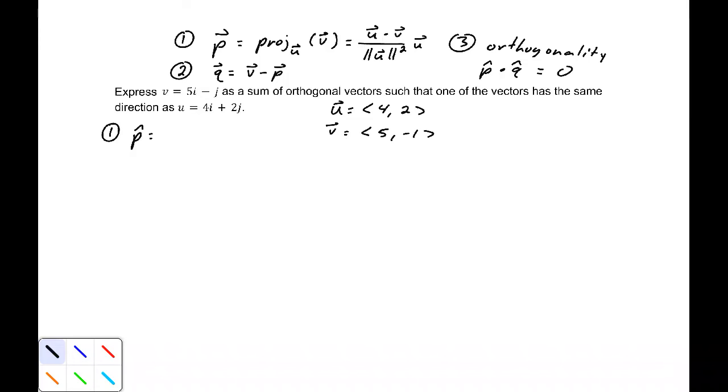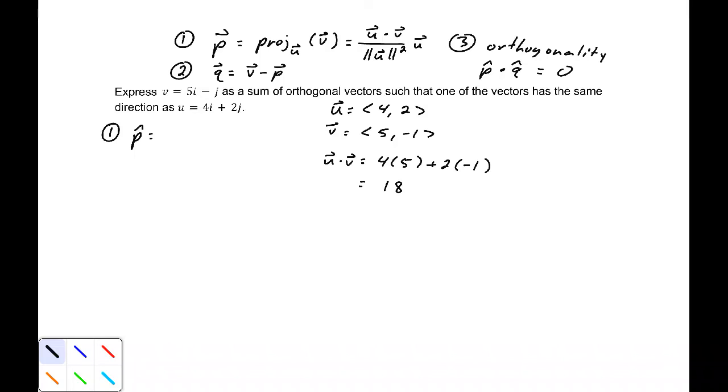So u dot v will be equal to, because we multiply component-wise and then sum those results for our dot product, 4 multiplied by 5 plus 2 multiplied by negative 1. That's 20 minus 2, so that's 18. So the dot product is 18.